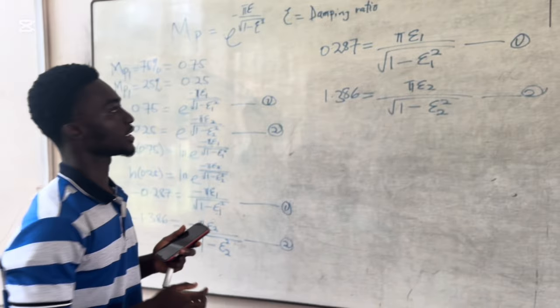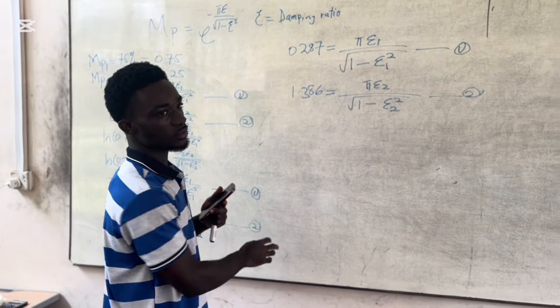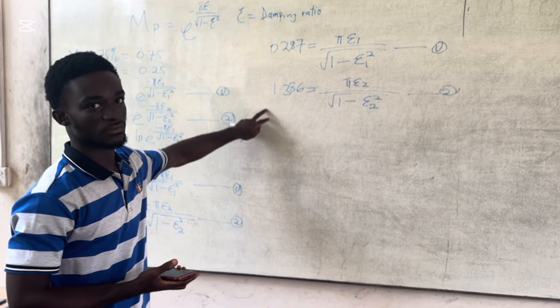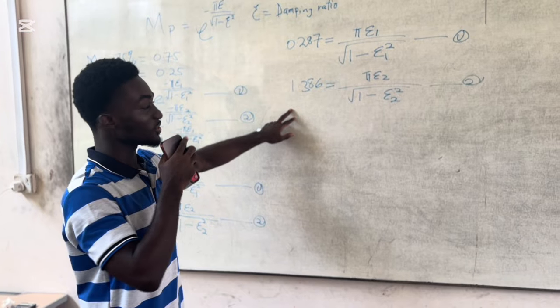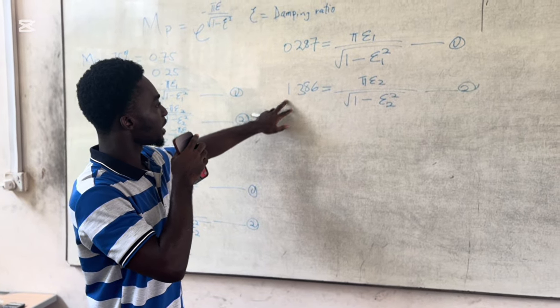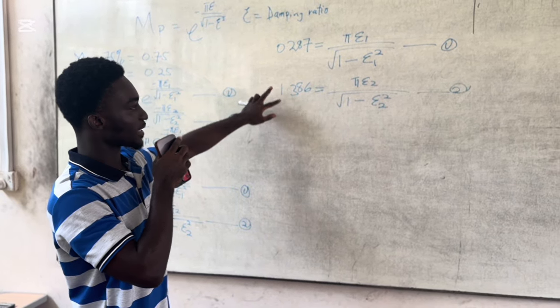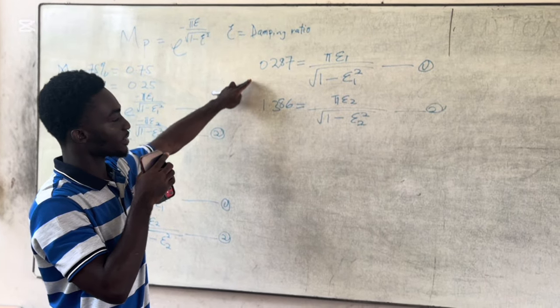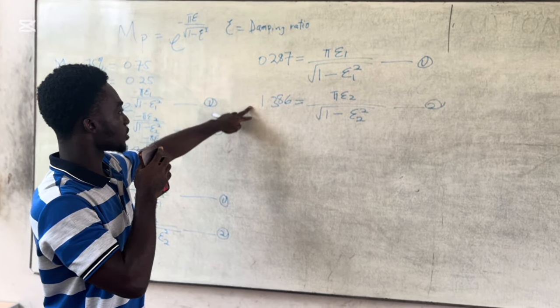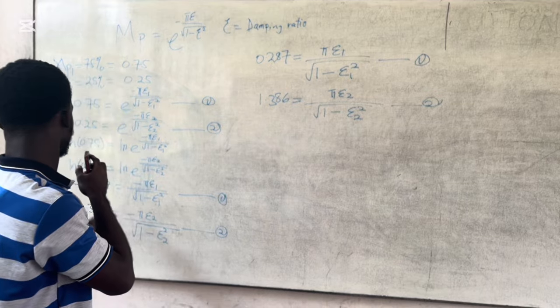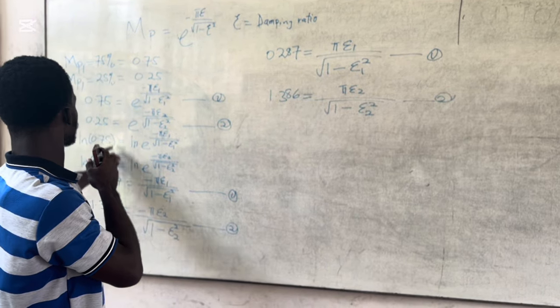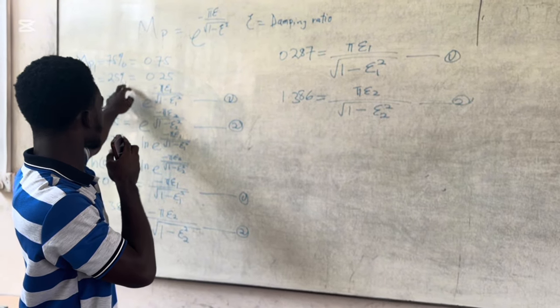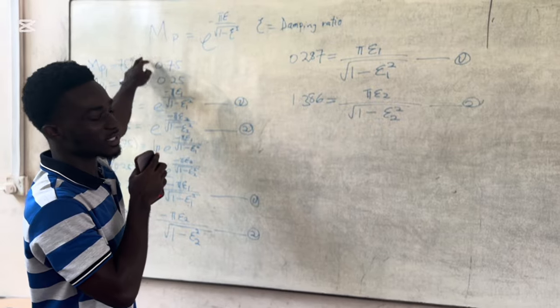So this shows that the value for the damping ratio for the second case is much larger than the damping ratio of the first case. And this is because of the 25%. So this means the 25% is lower than the 75%.